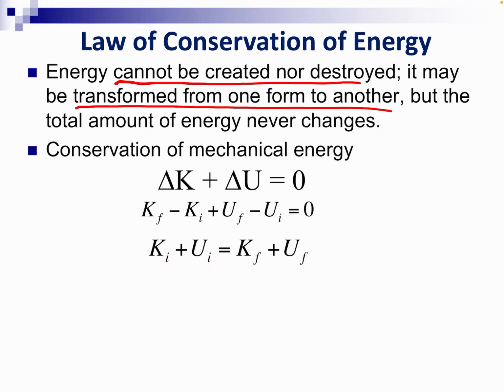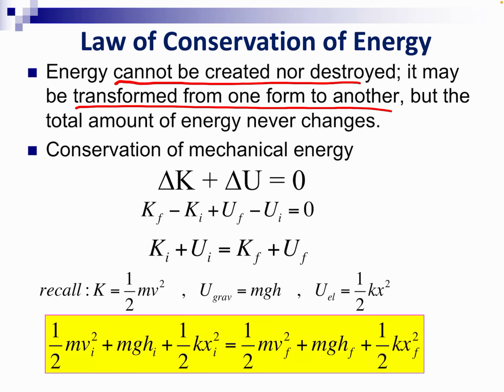Okay. I want to expand the equation further by using the definitions that we learned for kinetic energy and potential energies. So we learned two potential energies, gravitational potential energy and elastic potential energy.